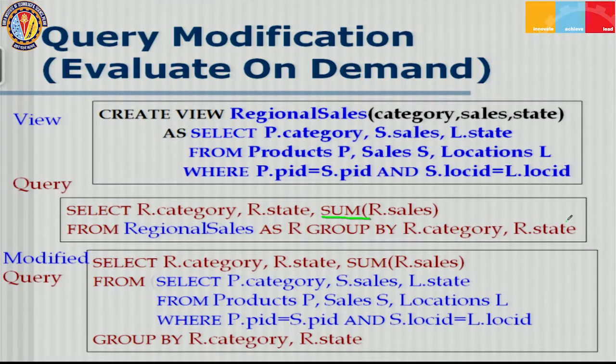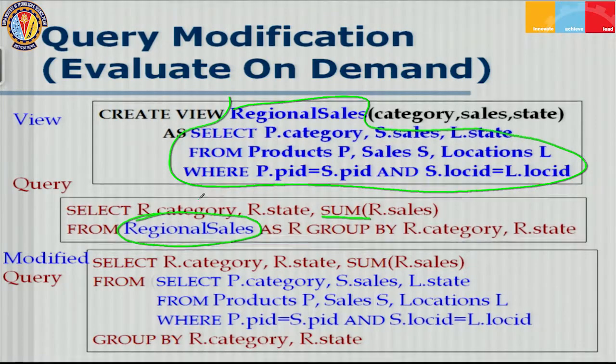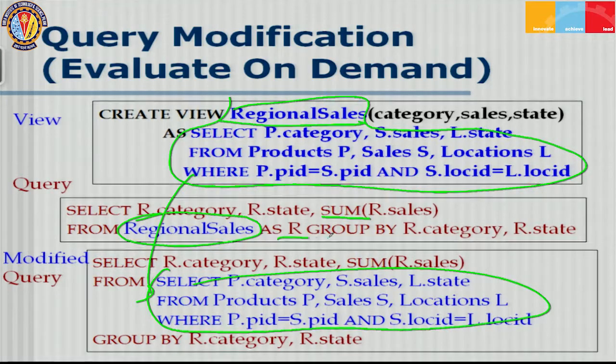Now as soon as I put this regional sales in my query, what happens is the system will replace this part by this part. So this whole thing will actually be replaced and it will come here. You can see that the whole of this has come here and the rest of the query remains as it is.